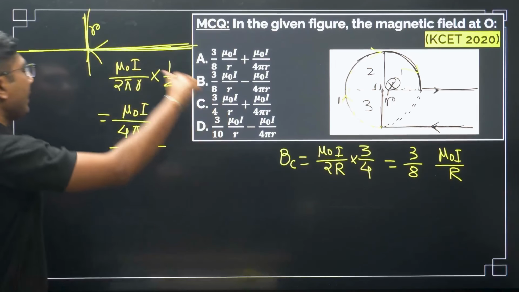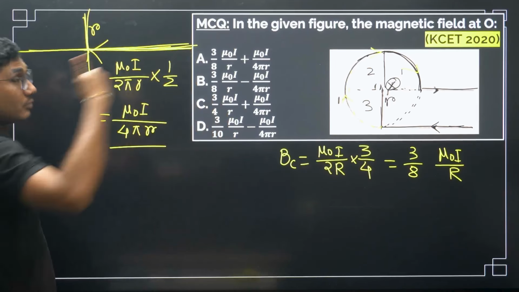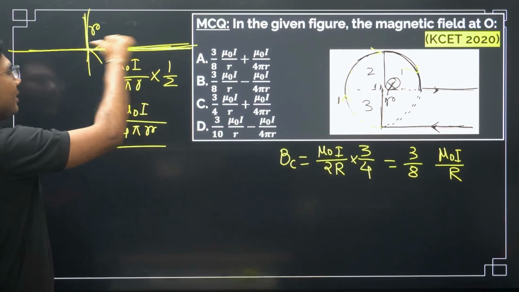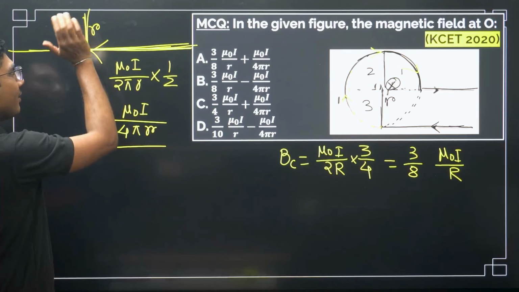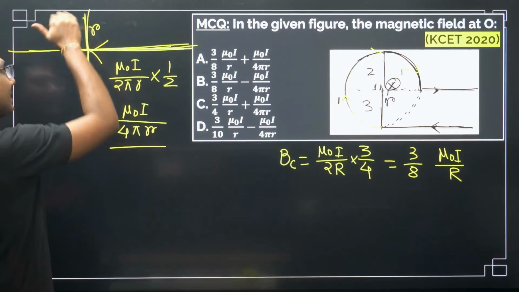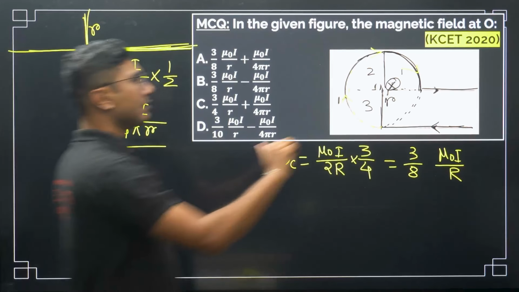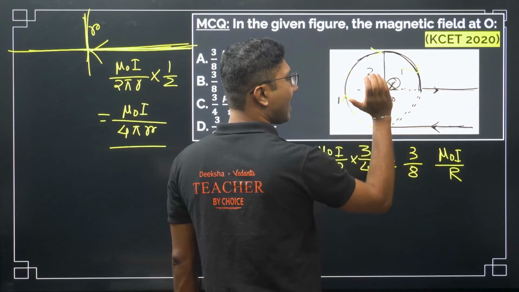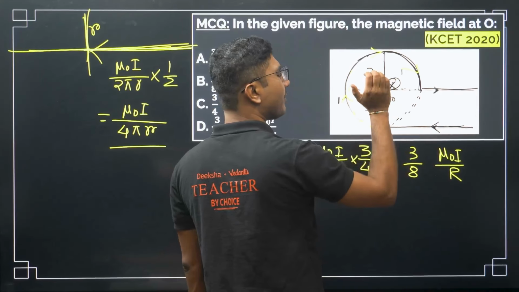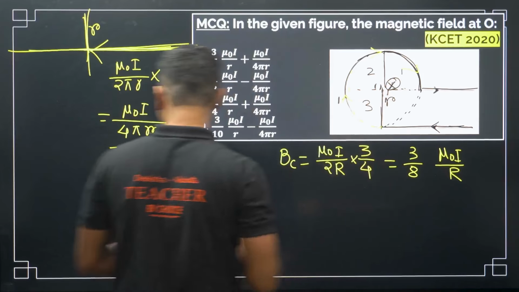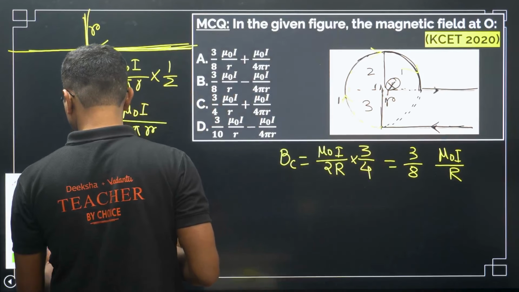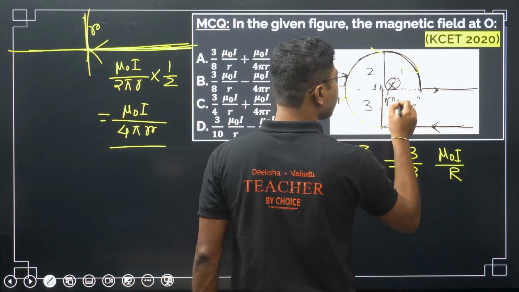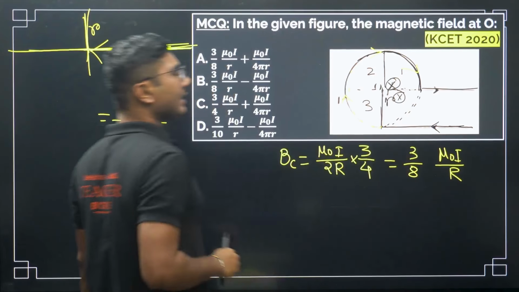You point your thumb in the direction of current, then curl your fingers, and that direction is the magnetic field. So in this case also, the current is in this direction and the magnetic field will be into the page of the paper again. So this magnetic field is also cross. So both magnetic fields are cross.